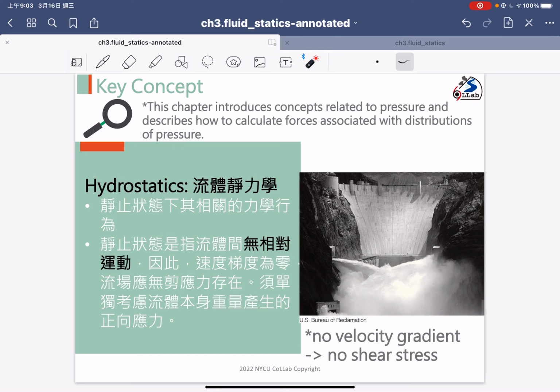So for this chapter, we only focus on the normal stress. And as I mentioned, the normal stress is related to the pressure. And the pressure is caused by the weight of the fluid column.